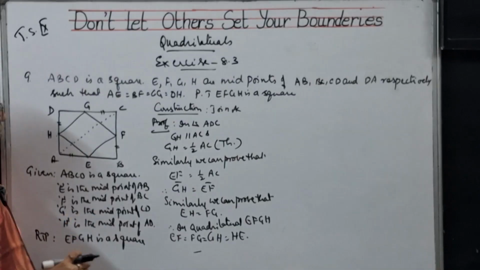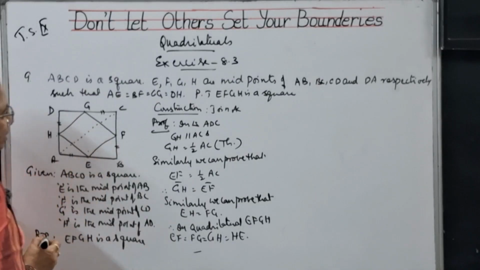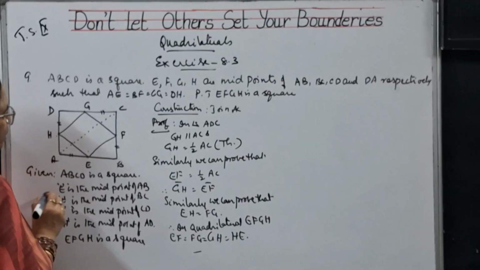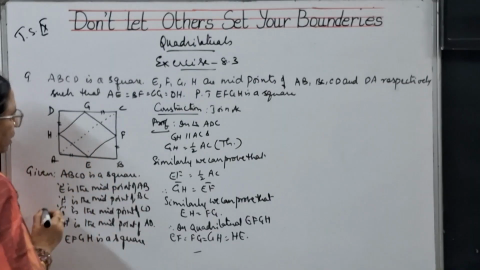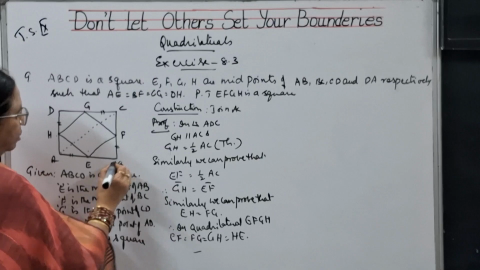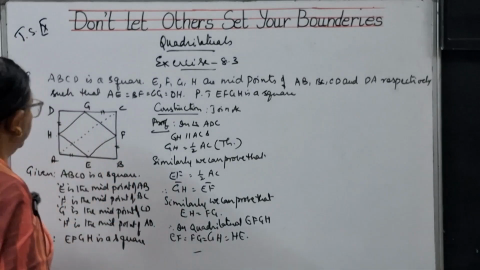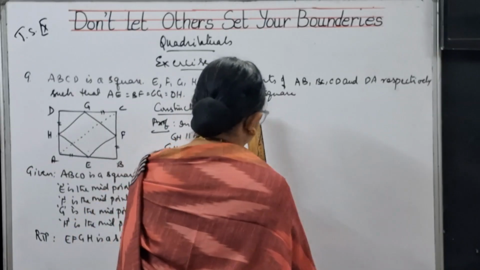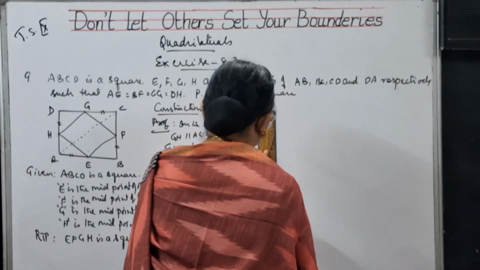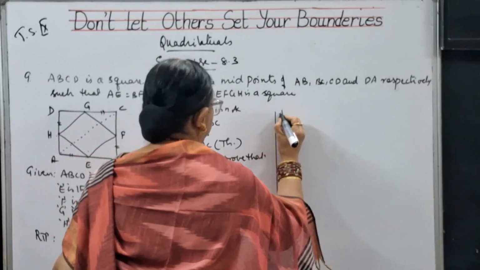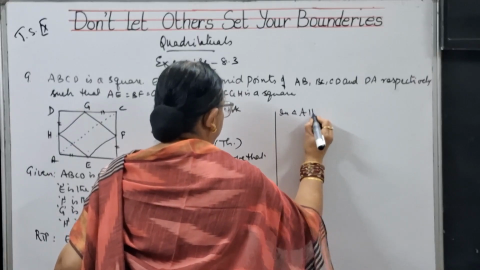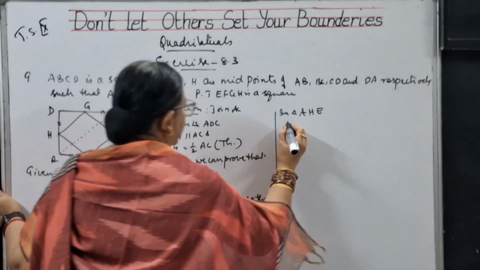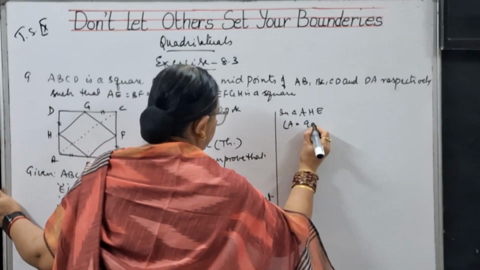We need to prove that it is a square, which means we have to prove that angle E is 90 degrees. To prove that, let us take triangles AHE and BEF. First, in triangle AHE, angle A is equal to 90 degrees.